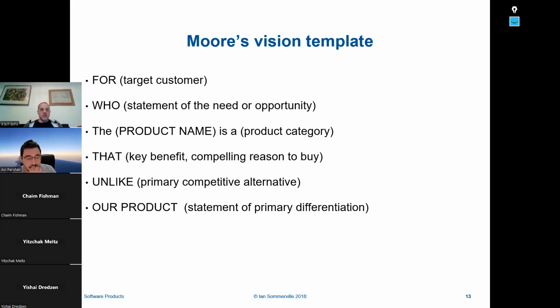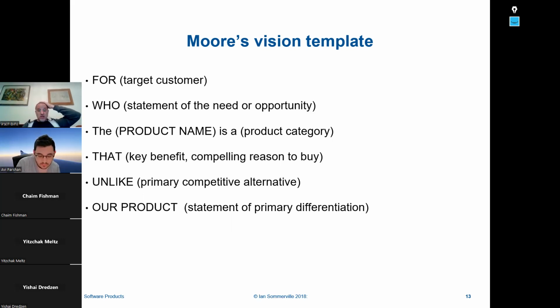This thing is for this target customer who needs to do blah blah blah. It's for madrichei tiulim who need to find where flowers are blooming in the country. The product name, the flower finder, is a product category, a locator software, a web app, a phone app.